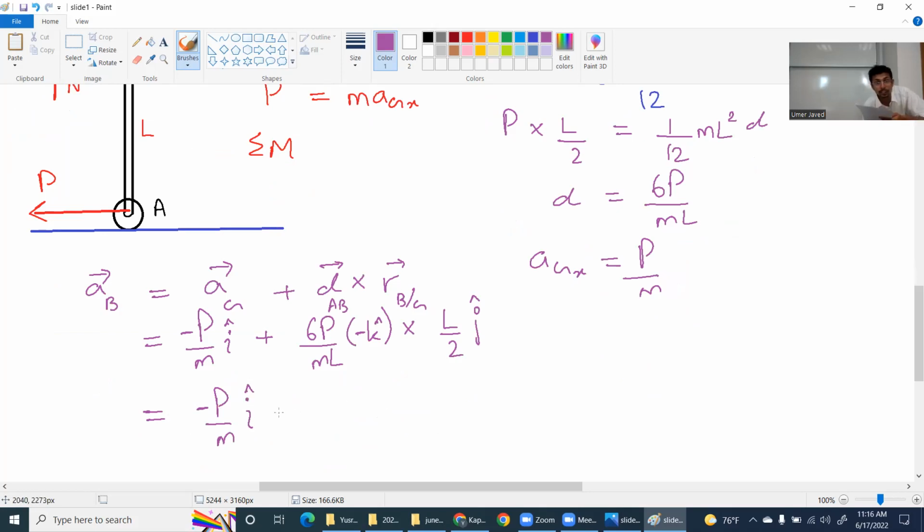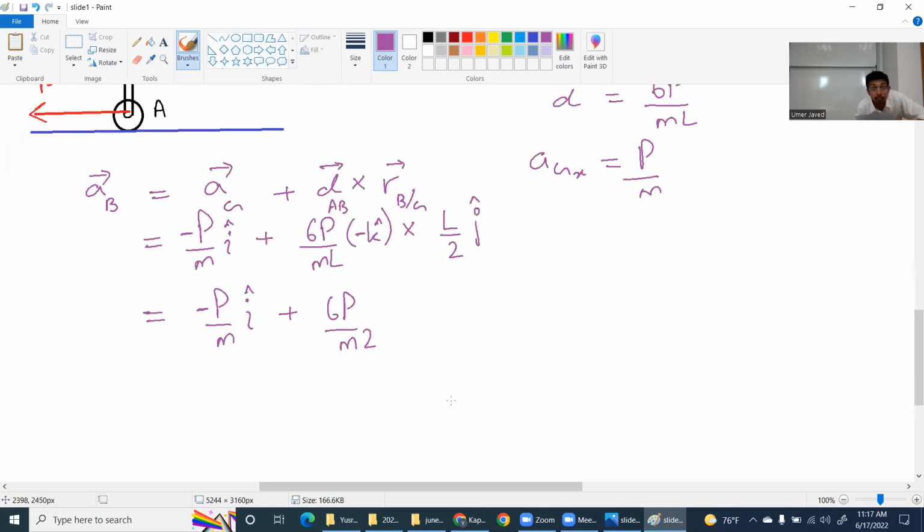k cross j is minus i, minus k cross j is positive. Positive i? Okay, please double check. Positive i is 6P over m multiplied by 2. So the answer, and one of the students said it is positive i.